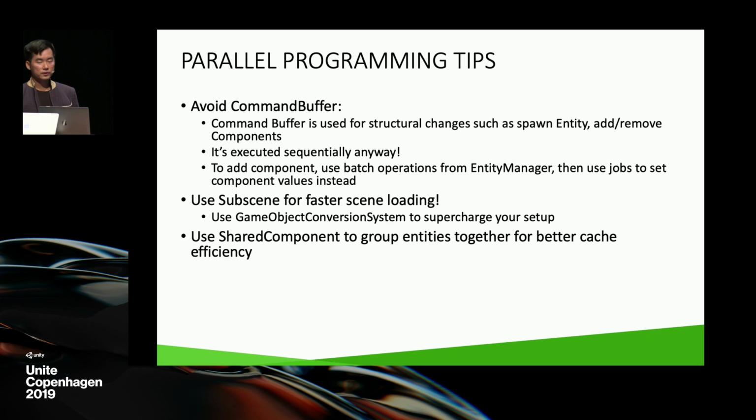As I talked about previously, we use a lot of random access through component data by entity, and that defeats cache efficiency. However, you can gain that back by using shared components to group entities that are related. For example, during pathfinding, when we iterate from one land, we do a random access to another land. However, we use a shared component to group all the lands within the same section together.